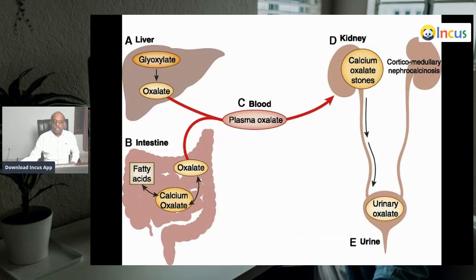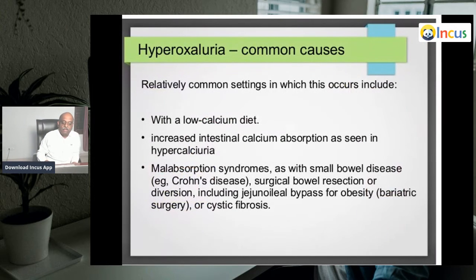So the oxalate, if it is absorbed from the intestine, will enter the blood, go into the kidney, and form calcium oxalate stones, which is what you typically see. So quickly tell me, hyperoxaluria, what are the causes? Any low calcium diet: if calcium is not available to marry oxalate, oxalate will go and stray with anybody.